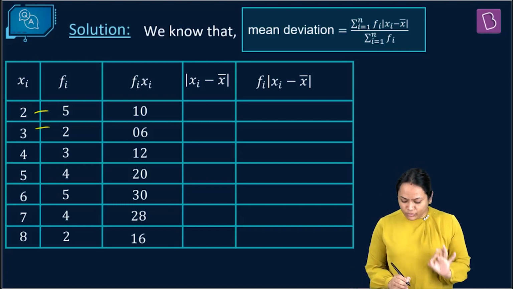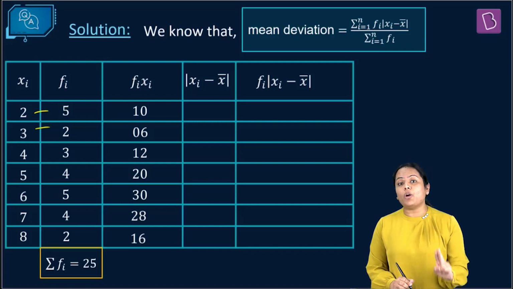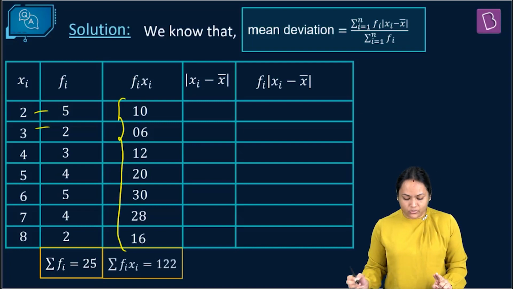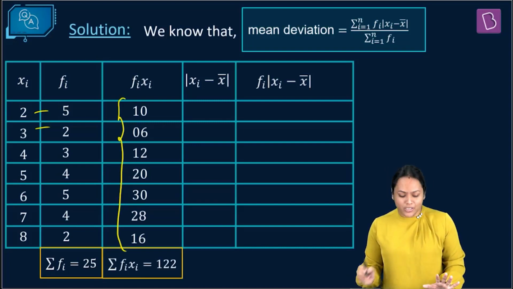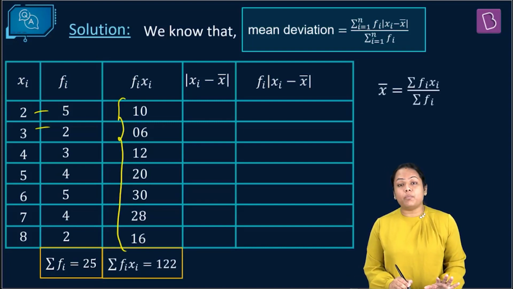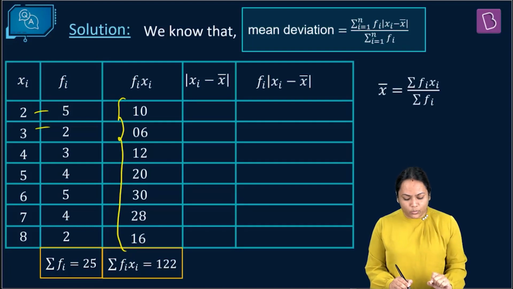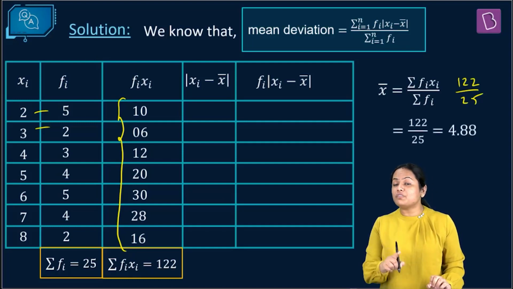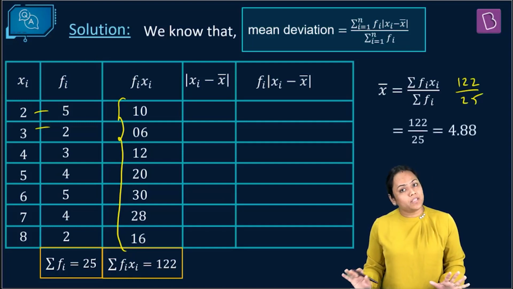For that, I have to find my summation of fi, which came out as 25, and my summation of fi xi, which is going to come out as 122. When I substitute the values in the mean formula, it's 122 divided by 25, which comes out as 4.88. Clear? So mean is known to me.